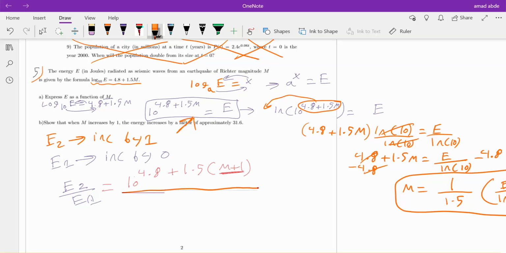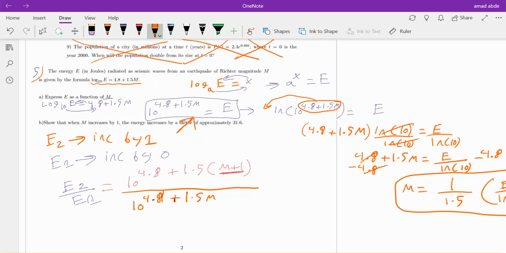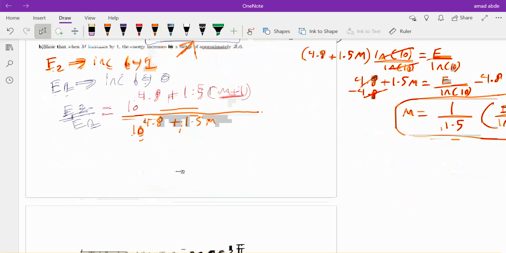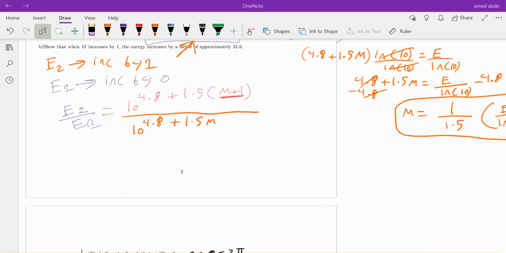Okay, now we're trying to simplify this. Let's say we had e raised to 2x over e to the x, we know that this equals e to 2x minus x. We're going to use this fact to simplify this. So we know E2 over E1 would just equal 10 to the 4.8 plus 1.5m plus 1.5 minus 4.8 minus 1.5m.